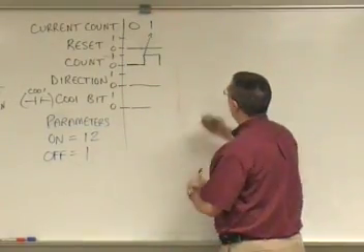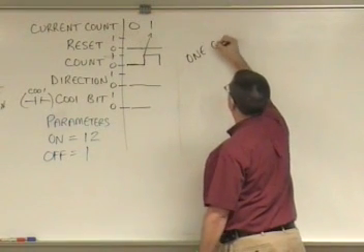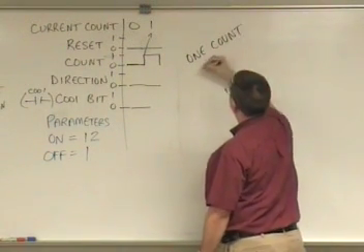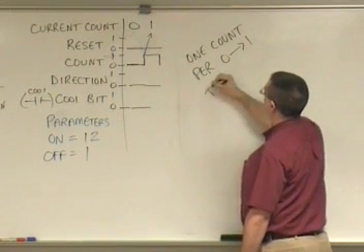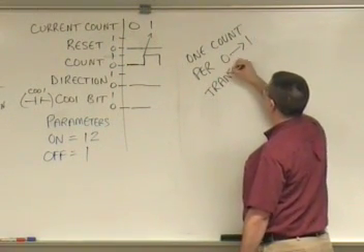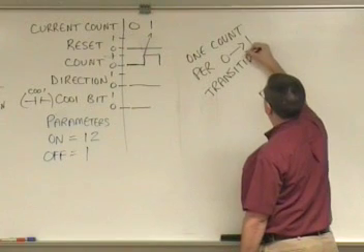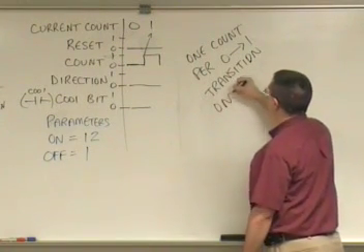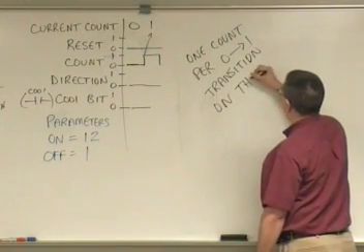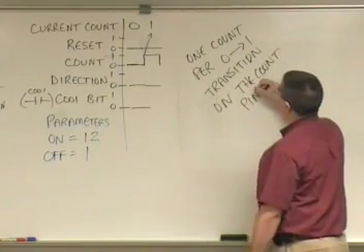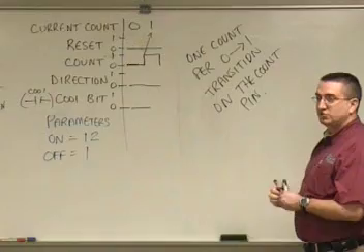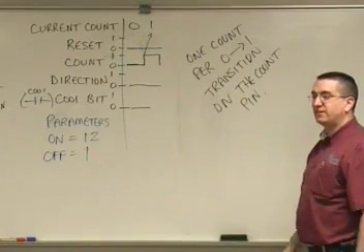So what do I get? I get 1 count per 0 to 1 transition on the count pin.